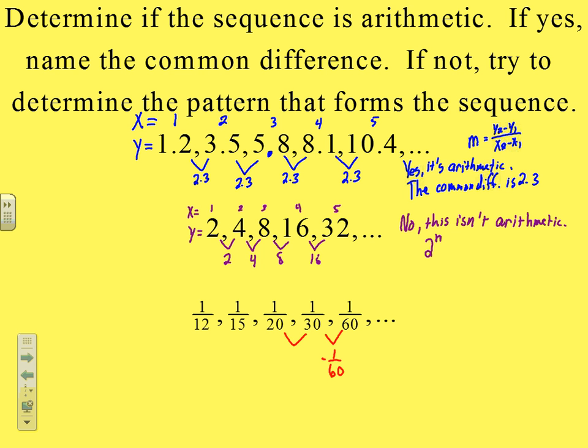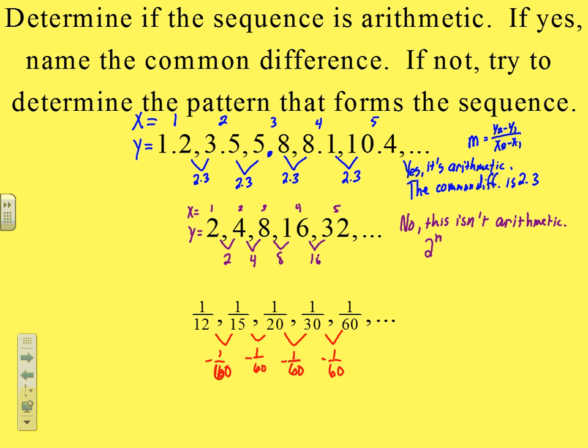1 over 30 minus 1 over 20 also gives me a negative 1 over 60. And make sure we check all of them. 1 over 20 minus 1 over 15 gives me a negative 1 over 60. And 1 over 15 minus 1 over 12 also gives me a negative 1 over 60.